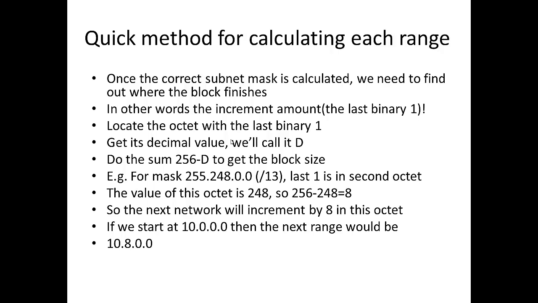For example, 255.248.0.0 is a particular mask. So this octet here is where the last binary 1 lies. Do the sum 256 minus whatever value that is, 248, which gives us 8. The next network starts at 8 above that. So, for example, if we start at 10.0.0.0, then the next range starts at 10.8.0.0.